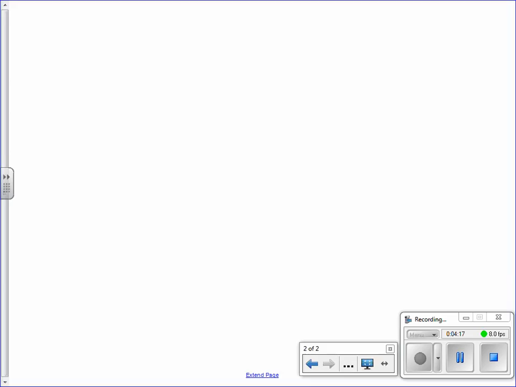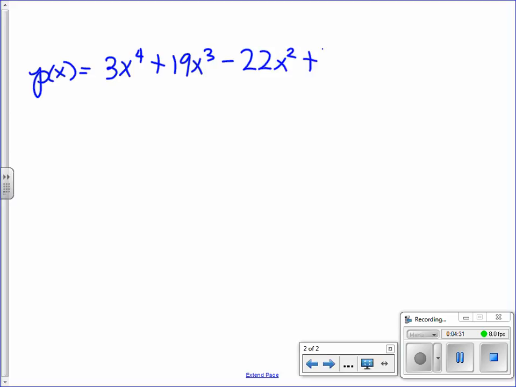Okay? So let's look at an example here. Let's say that we have p of x equals 3x to the 4th. That's the problem we're looking at, and we're going to work on p's and q's.